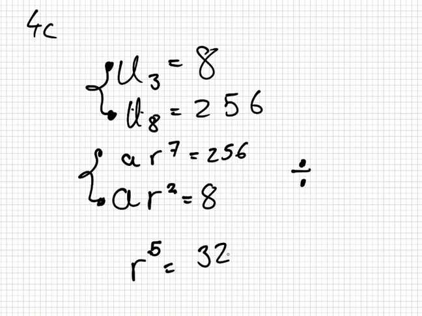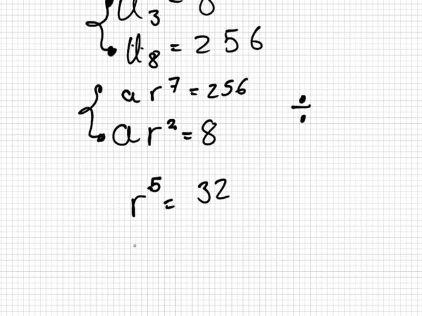So r to the 5 equals 32. So that means r equals the fifth root of 32, which is on your calculator, the fifth root. So r is 2.